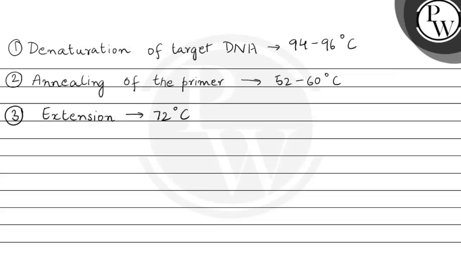So now we can see that all steps in PCR take place at a much higher temperature than the optimum temperature which can be withstood by a normal DNA polymerase enzyme.